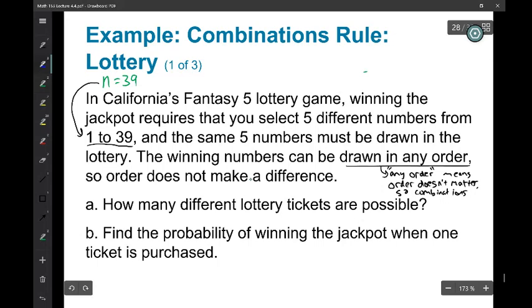And there are 5. Select 5. So R is what you're selecting. So R is 5. So how many different lottery tickets are possible? That would be the combinations of 5 things from 39 things.